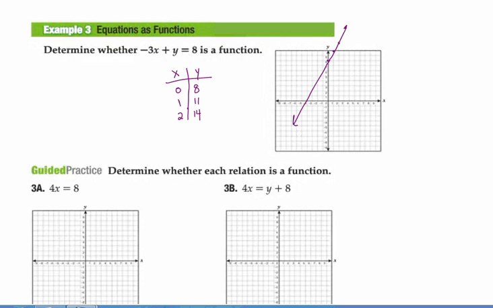Now let's go ahead and do our vertical line test. Looks like this is going to pass. So is this a function? Yes, it is. This first guided practice is a little bit tricky because notice up here we did compare our x's and y's. Down here I don't see a y.